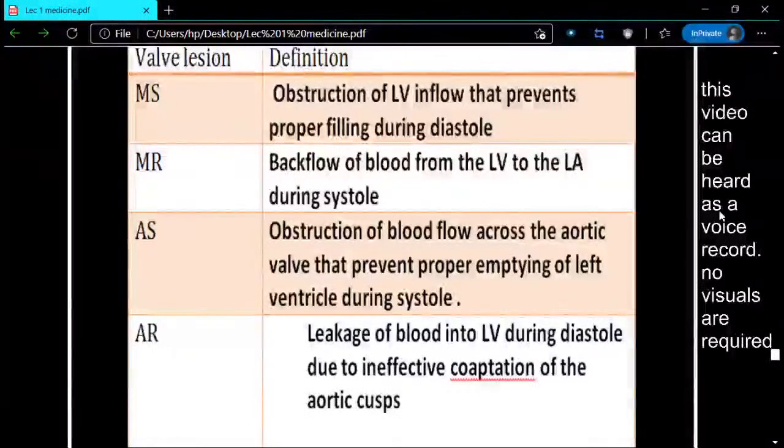Anything with the M means between the atrium and the ventricle, and only the left ventricle.